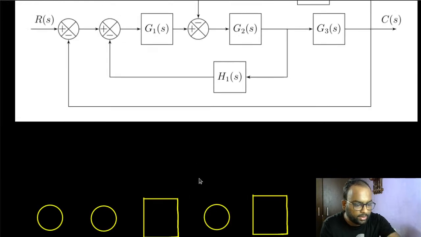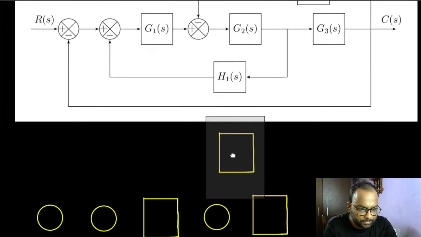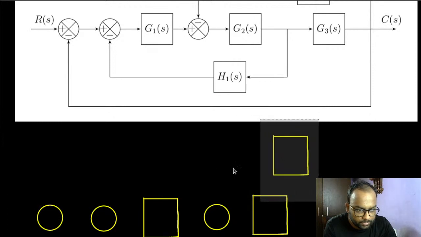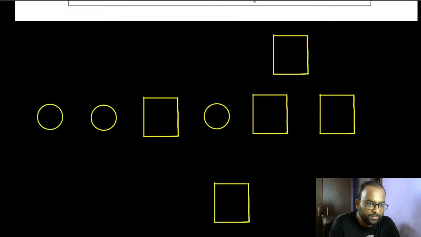Okay, and then we have another block here. All right, I think I have got it. So let's draw all the signaling paths.